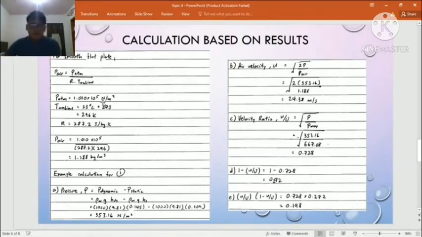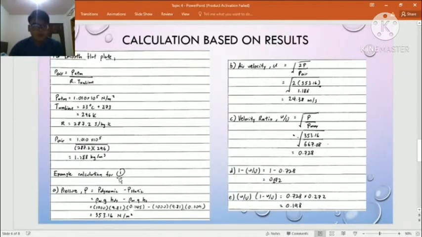For the ambient temperature, as I have said before, it is 296 Kelvin, and R is a gas constant, which is 287.2 joule per kilo Kelvin. So from here we can substitute all the values inside the formula, and we get the air density of 1.188 kilogram per meter cube.